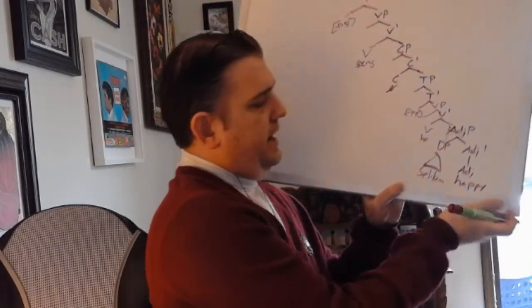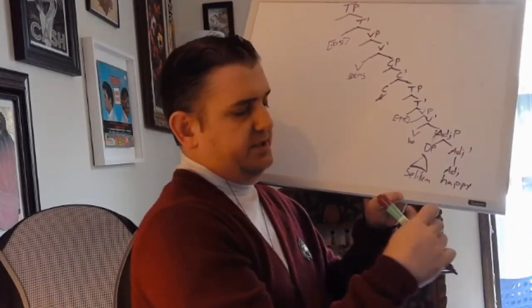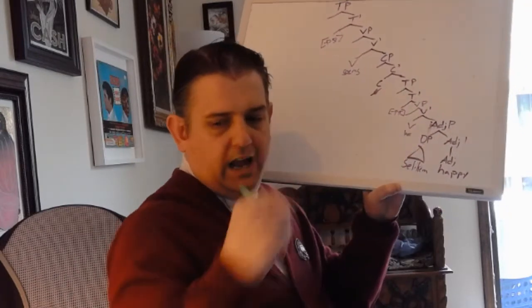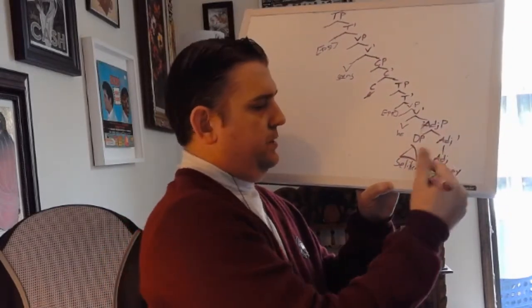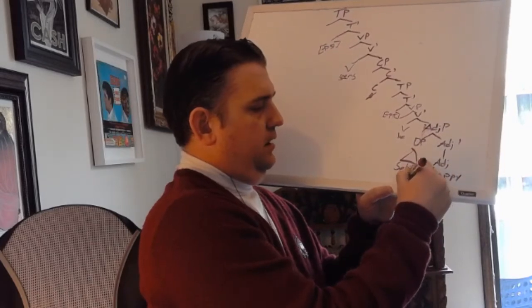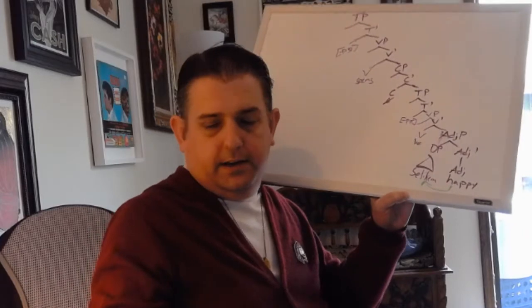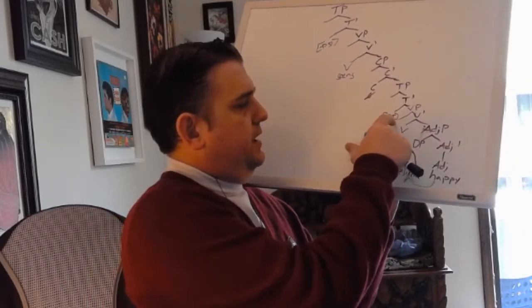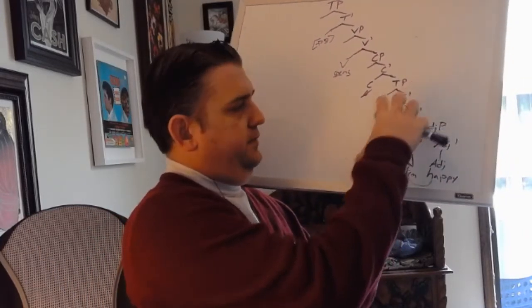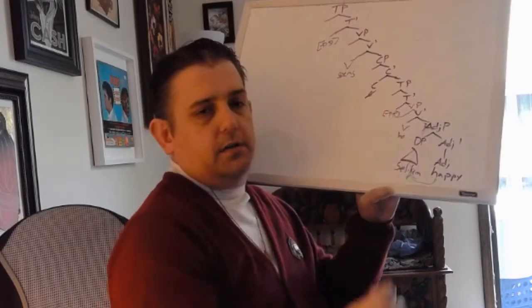So once again, we have Selicum in this position. Selicum is going to get theta from the theta role from happy. Again, you could argue that it gets a theta role from the overall V complex up here. Either answer is perfectly reasonable. I'm just treating it as part of this internal adjective phrase.